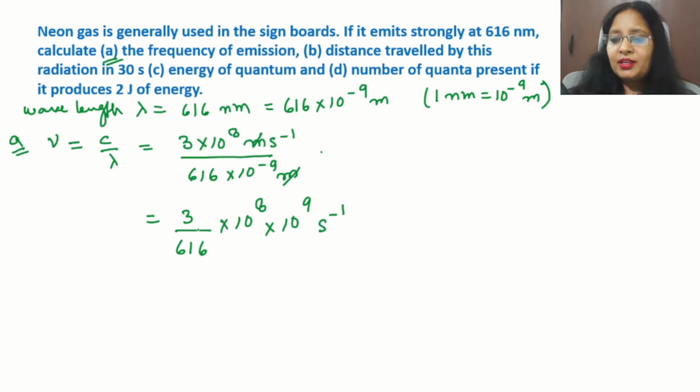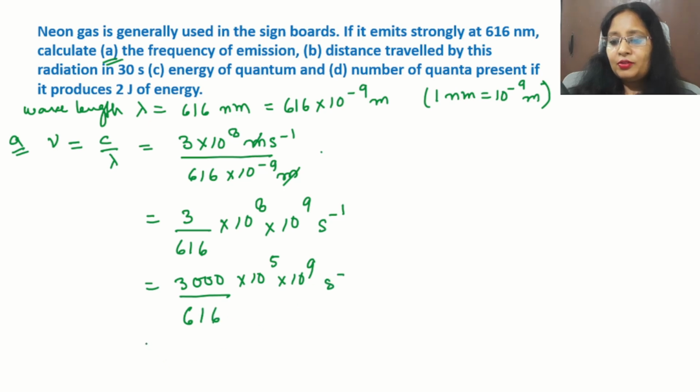Now to simplify this, we will make the 3 to 3000. It means we are shifting the decimal 3 steps rightward. So the power will be 10 to the power, now it is 5, 3 steps minus, 3 minus from 8 into 10 to the power 9 already present, upon 616 per second.